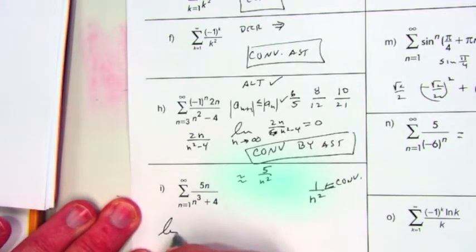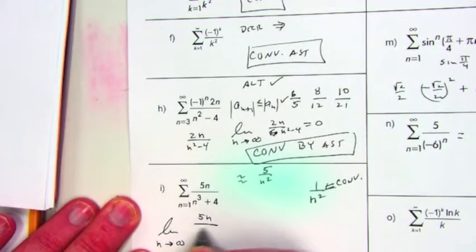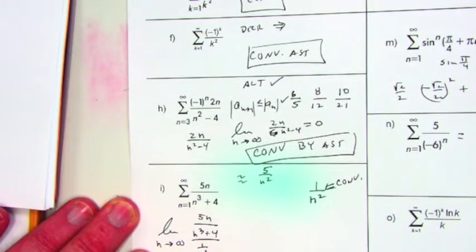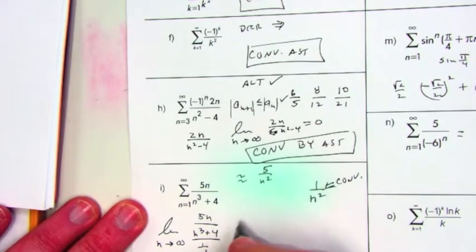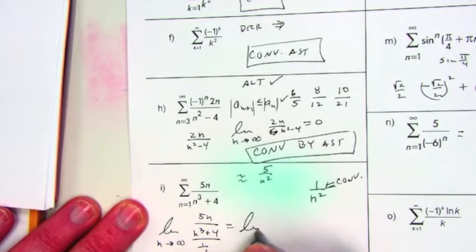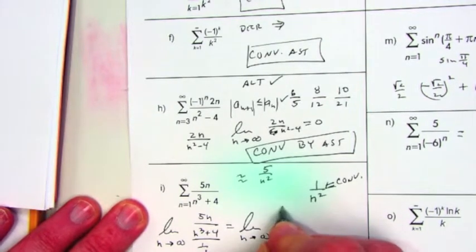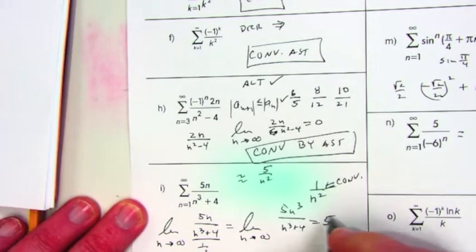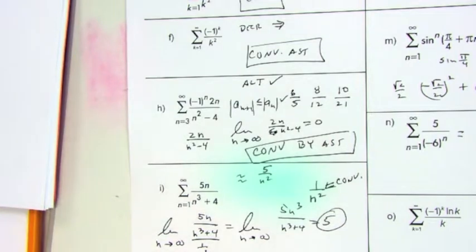So we're essentially going to look at the ratio of the original one, which is 5n over n cubed plus 4, divided by 1 over n squared. You always divide by the one you know from our library above. So I get the limit as n goes to infinity of 5n cubed over n cubed plus 4, and that equals 5. The key on this one is that that limit is finite and positive.